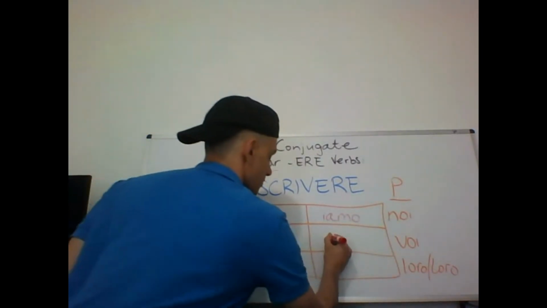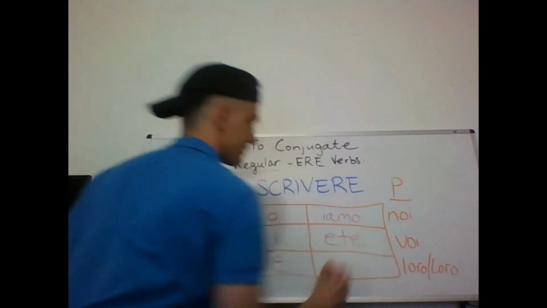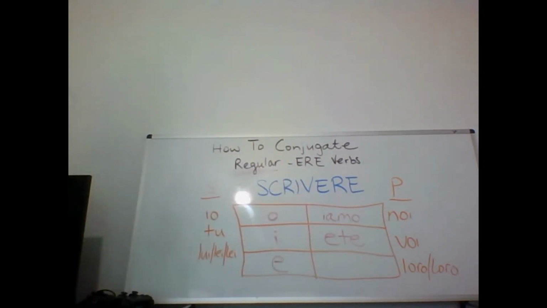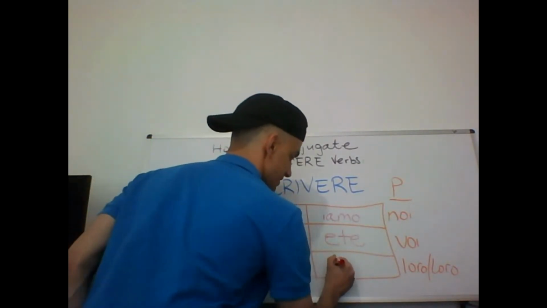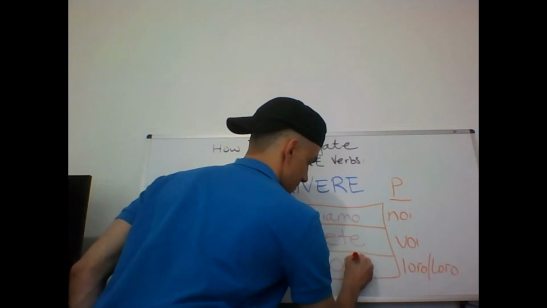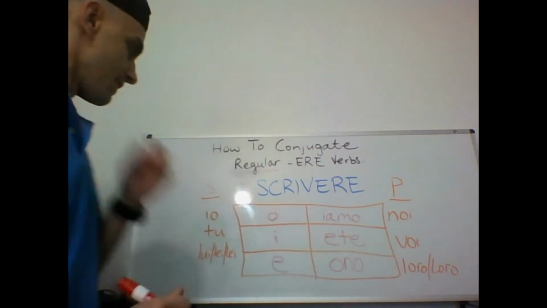Voi will end in ete. And loro is going to end in ono.